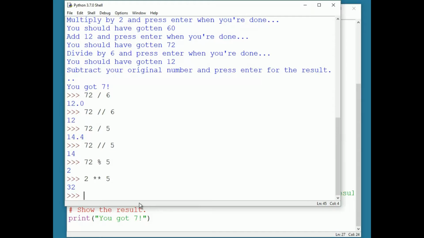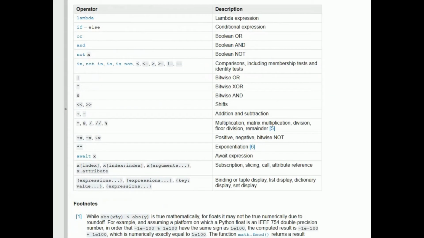The table on the Python.org site, let's look at it again, is showing us operator precedence. In this table, the lowest precedence operators are at the top. Therefore, we can see that the PEMDAS operator precedence you likely learned in school is preserved here.